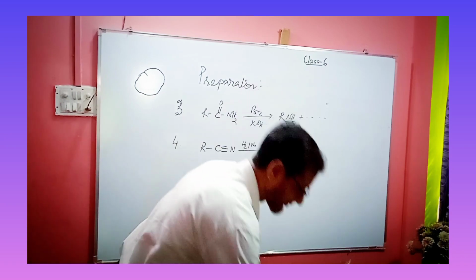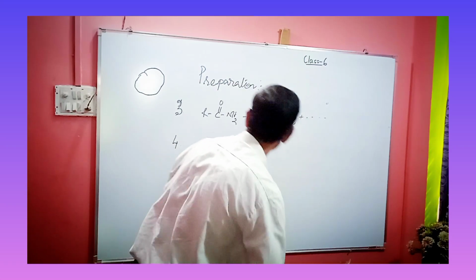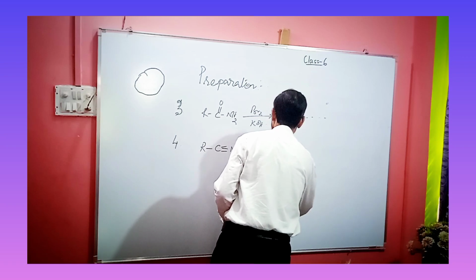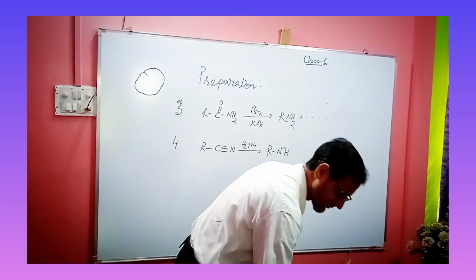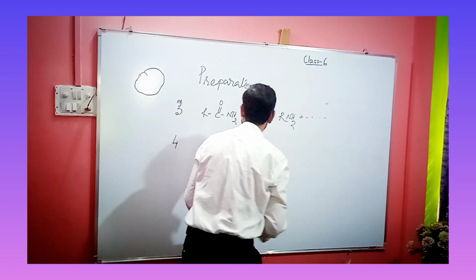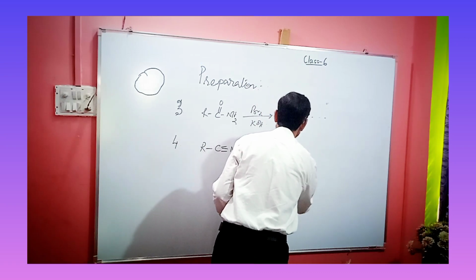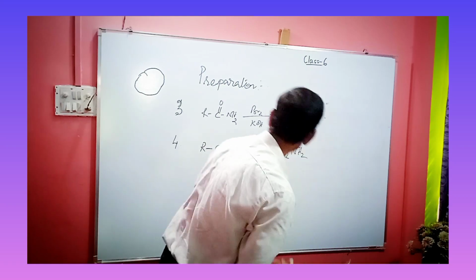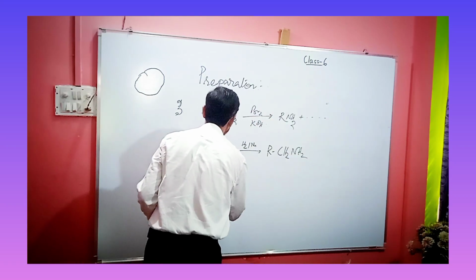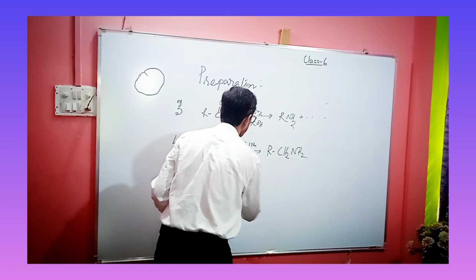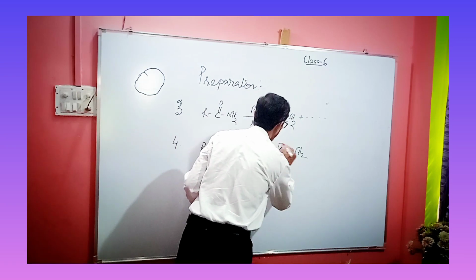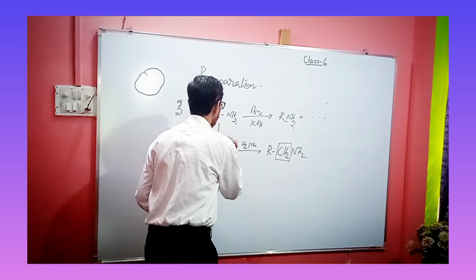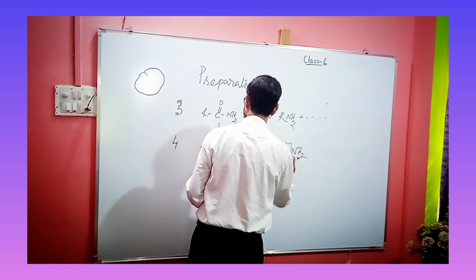So that was RCH2NH2. One important thing is that whenever cyanide group is there, we get one extra carbon, and that C becomes CH2, then you get NH2.